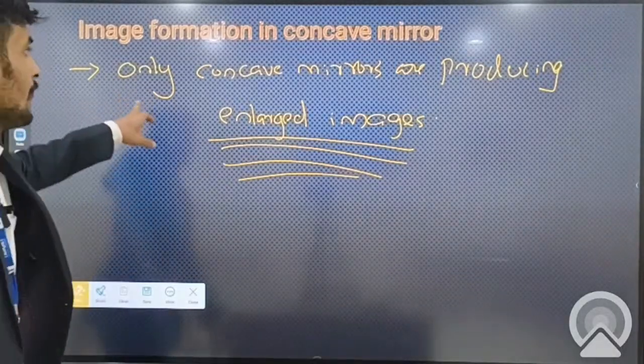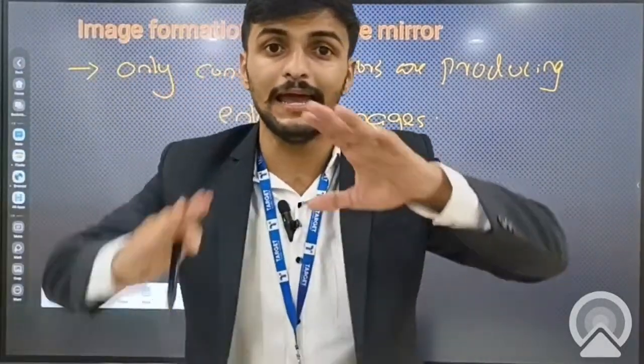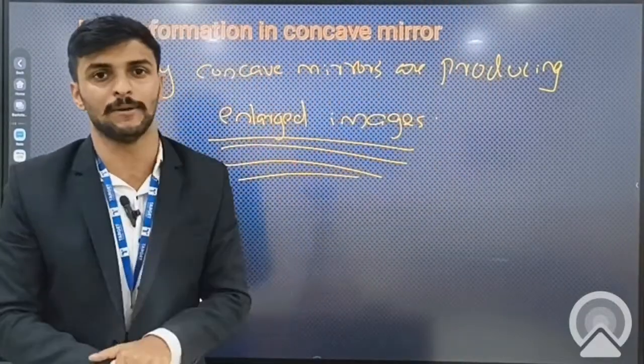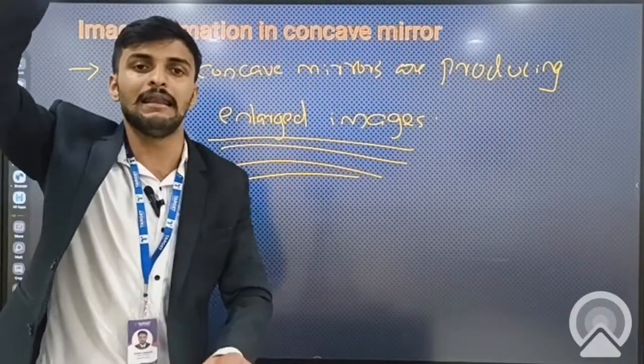Clear, guys? Only concave mirrors can produce enlarged images. We know concave mirrors also produce virtual images, but they are enlarged.